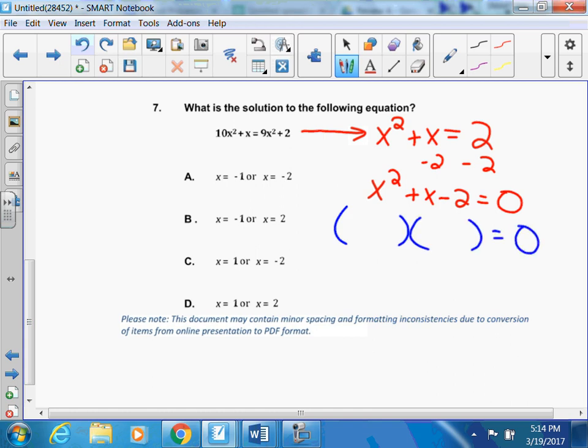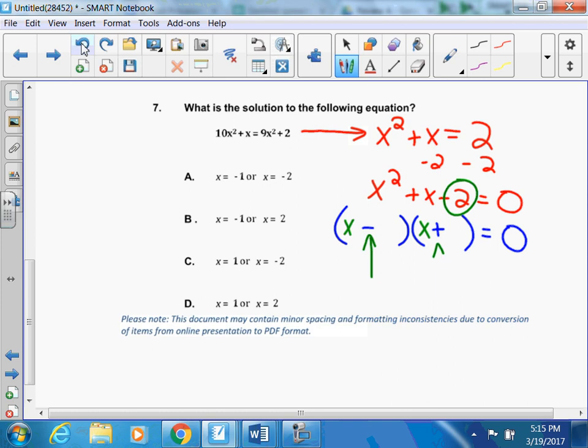The second sign is a negative, so that means the signs we plug in are going to be opposites. So we'll have a negative and a positive, or a positive and negative, doesn't matter. I can just put in my x's. And then we pick out 2 numbers that multiply to give me 2. And since the signs are different, I'm looking for a difference of 1, the number in front of the x.